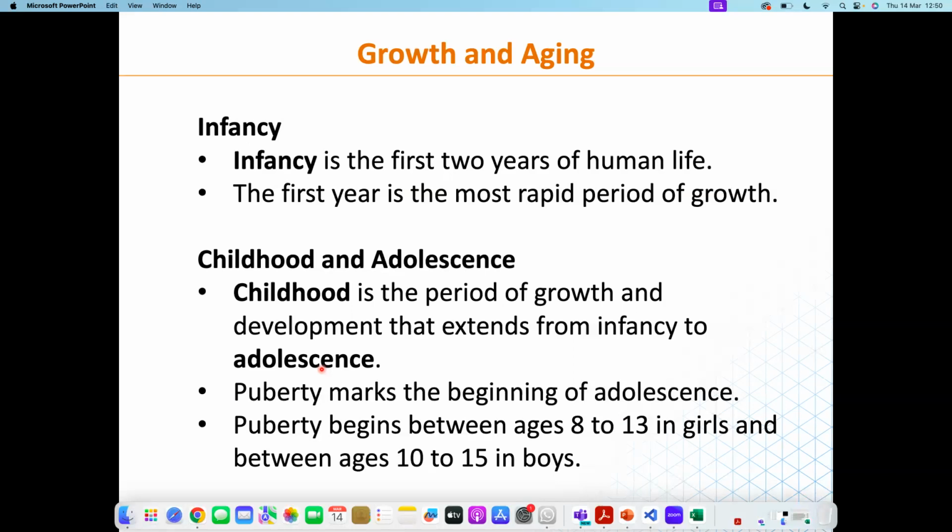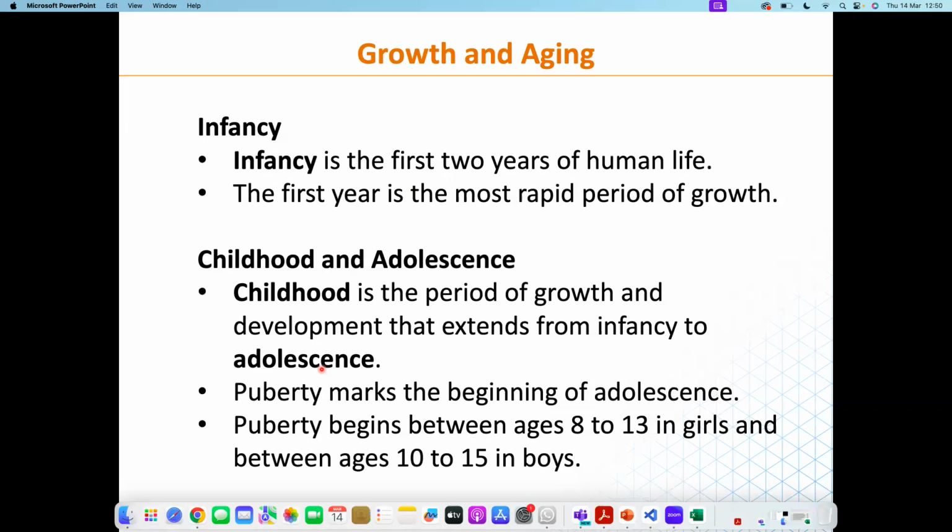What about childhood and adolescence? Childhood is a period of growth and development that extends from infancy to adolescence. People usually say childhood is the most important time for the baby. This is the time the child has to eat a lot of food and get a lot of nutrients because the child is developing.